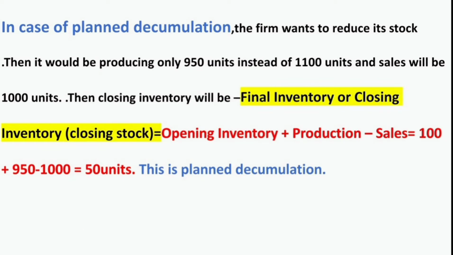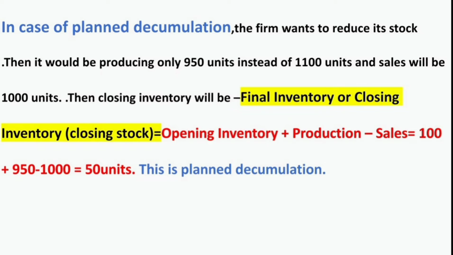In case of planned decumulation, decumulation is decrease, that is planned by the firm. The firm wants to reduce its stock. So it will be producing only 950 units instead of 1100 units. And it expects sales to be 1000 units.